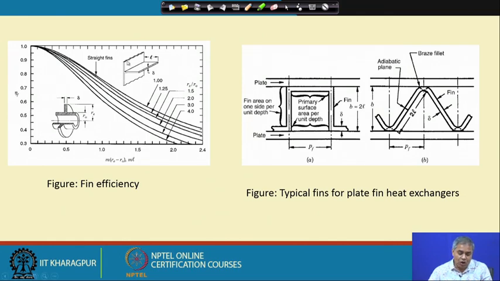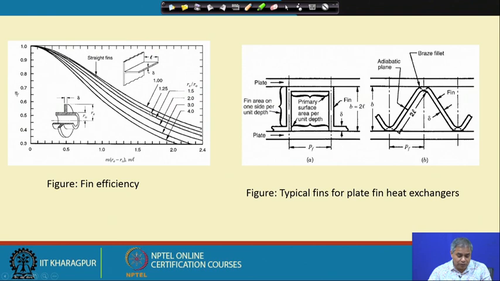At the top we have a straight fin whose thickness is delta and length is L. If the heat transfer coefficient and the thermal conductivity are given, we can calculate mL, and as a function of mL we can find the efficiency of the straight fin.